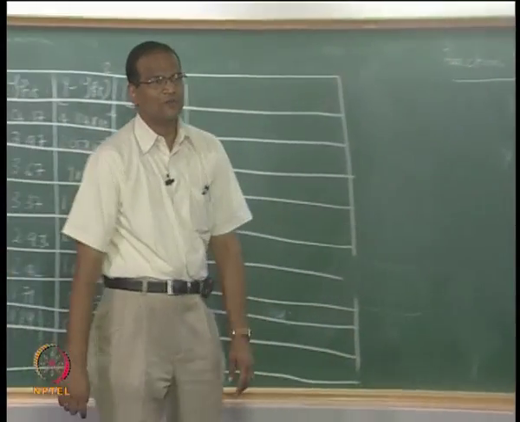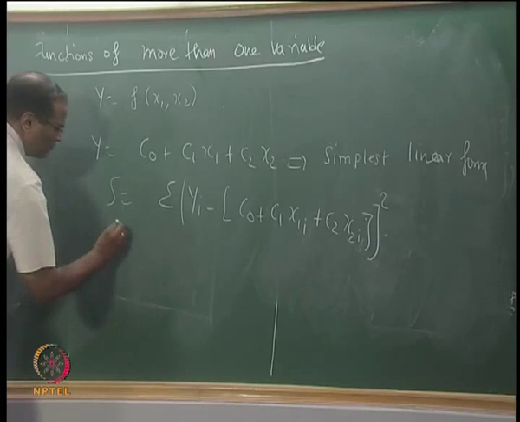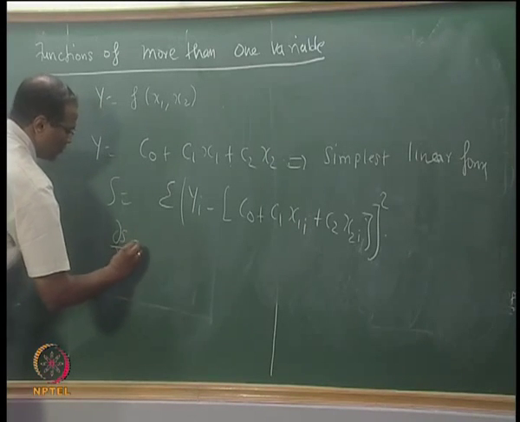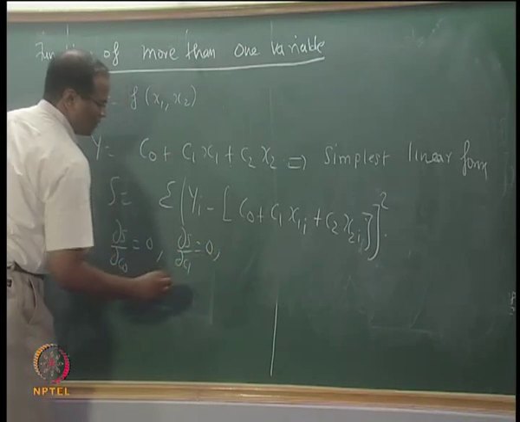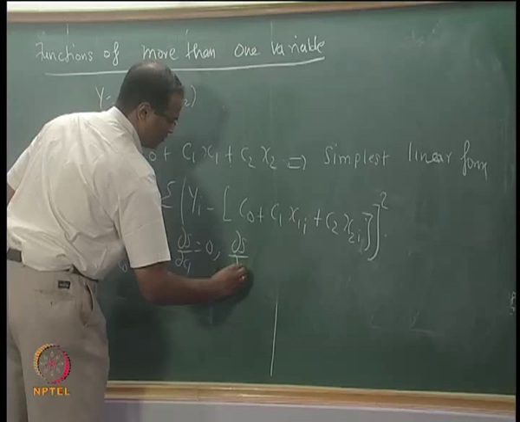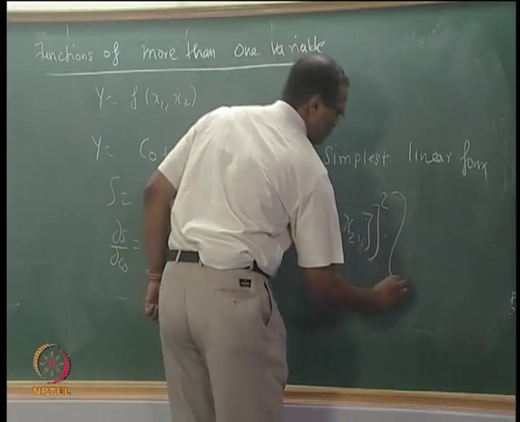Okay. So that is yi minus y fit, this has to be minimized. So I can do three equations, three unknowns.